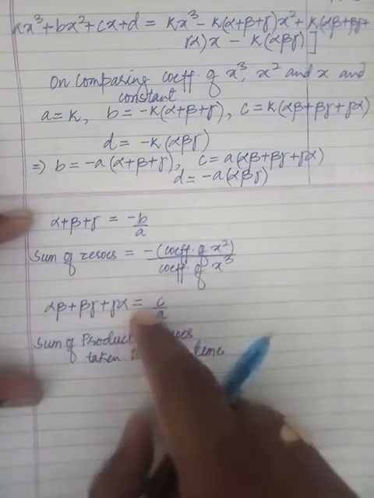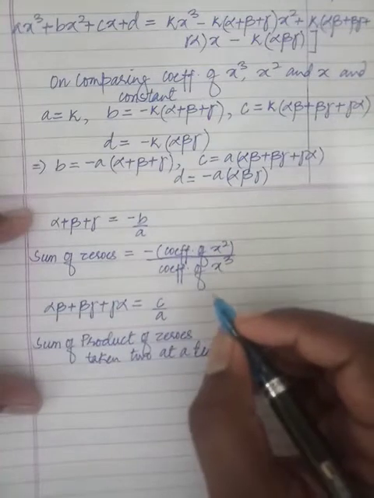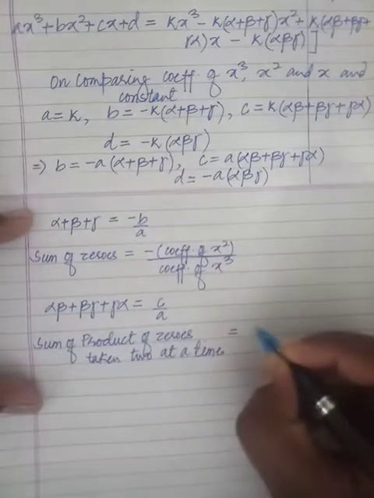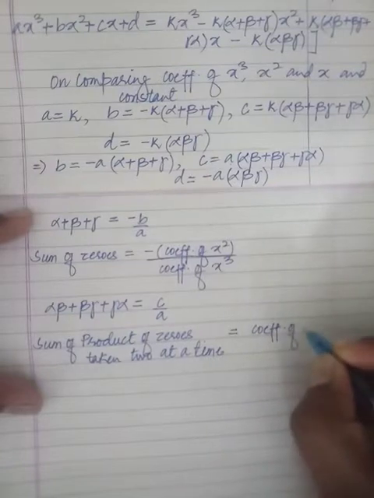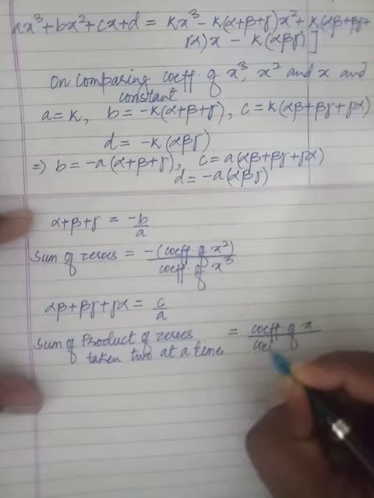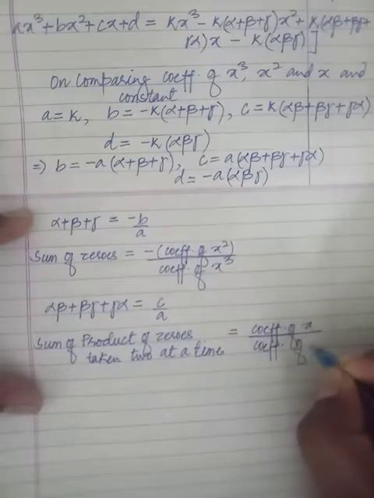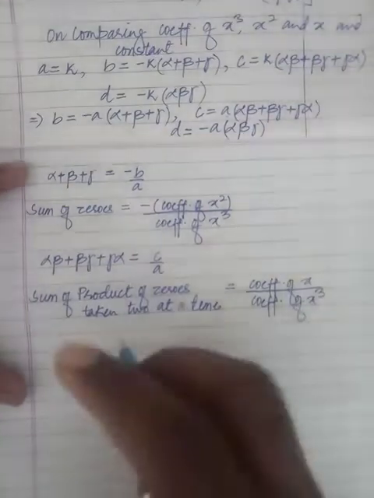So we have calculated the sum. So the sum is equal to c by a. Now this c is the coefficient of x, as you can see in the standard form, and a is the coefficient of x cube. Fine. So this is the second relationship we got.